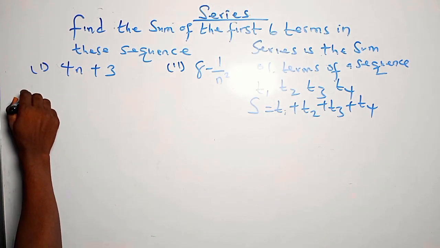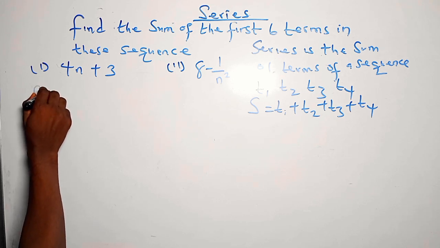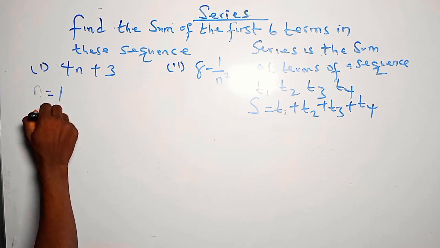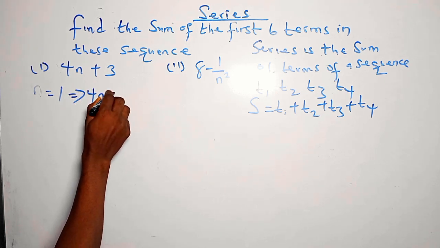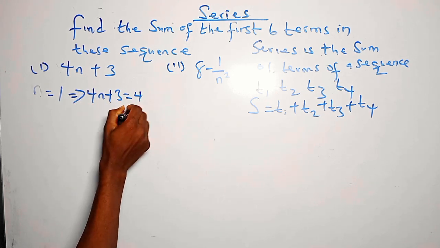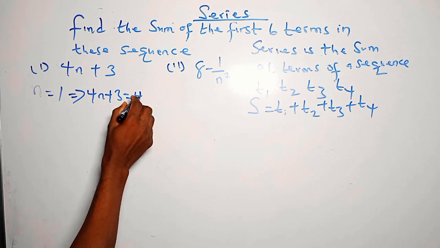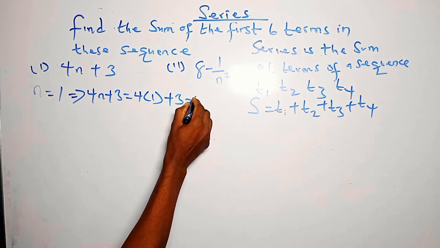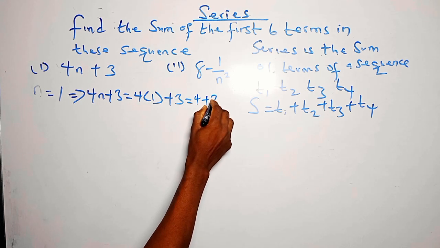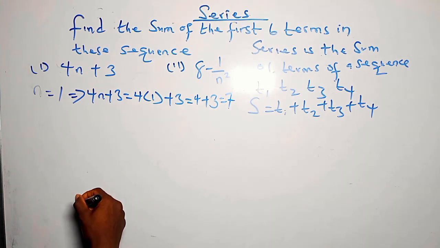When n is 1, using 4n plus 3, we replace n with 1. So 4 times 1 is 4, plus 3, we have 7.